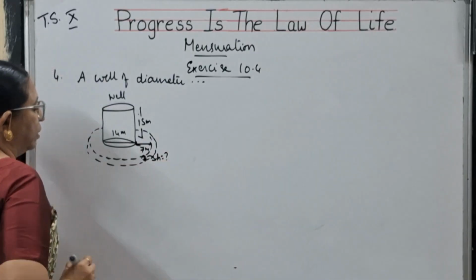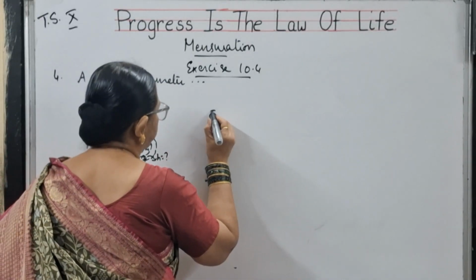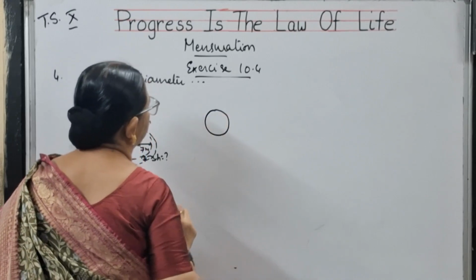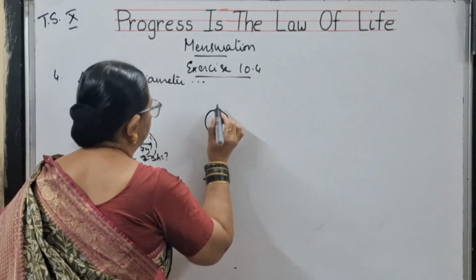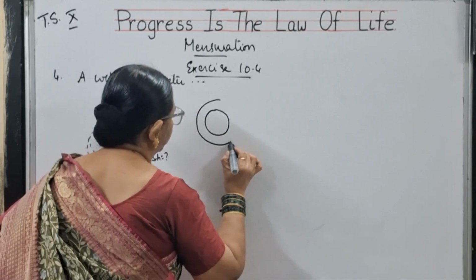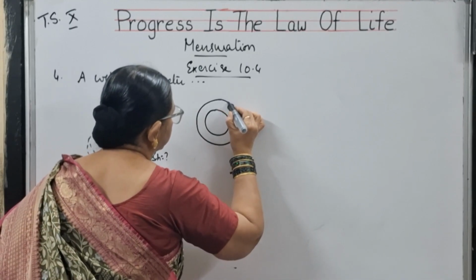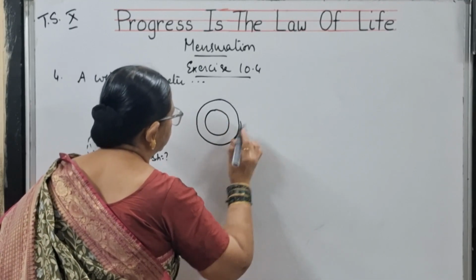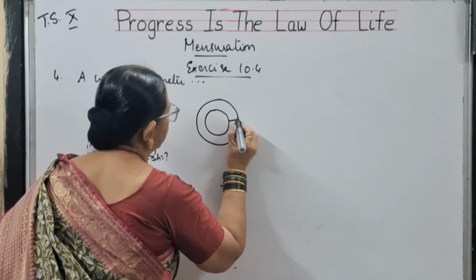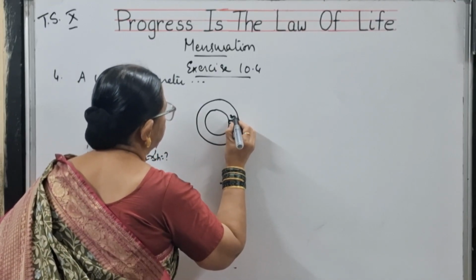If I draw the embankment structure, children, this is the circle formed by the well, and this is the circle formed by the embankment. So this is the embankment, and this width they have given as 7 meters.